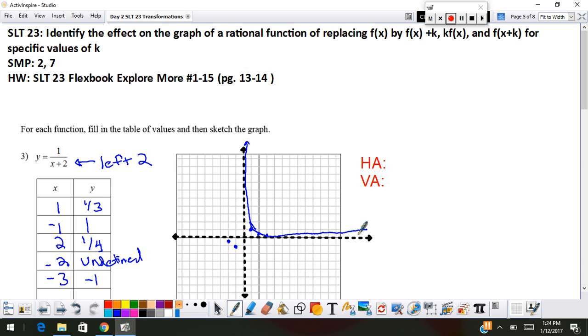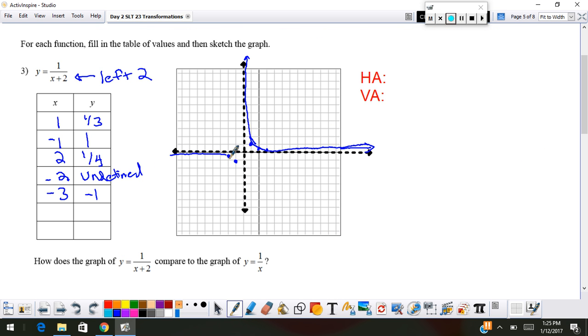Whoops, that one went up a little high. Pretend it's down here. And then one over here. All right, so it has moved left 2. Horizontal asymptote is still y equals 0, but now my vertical asymptote is x equals -2.